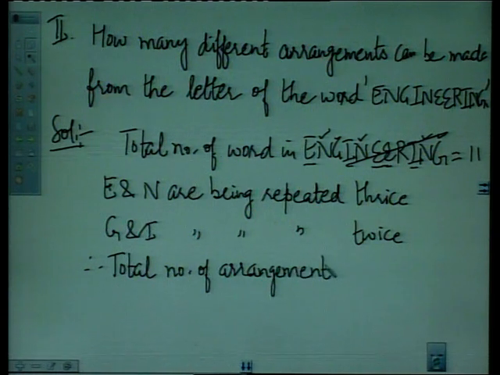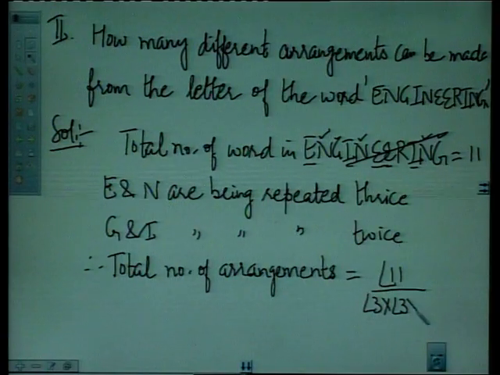Total number of arrangements will be 11 factorial, E and N repeated 3 times, 3 factorial into 3 factorial, then G and I repeated twice, into 2 factorial into 2 factorial.